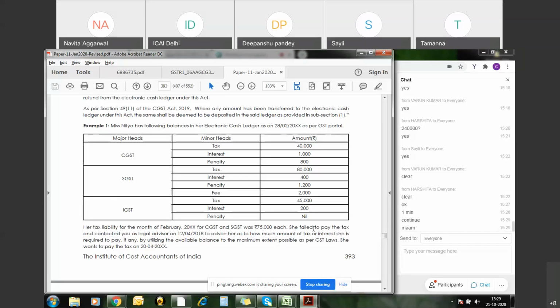So now her tax liability for the month of February. These are the balances available and the liability for the month of February is 75,000 each for CGST and SGST.